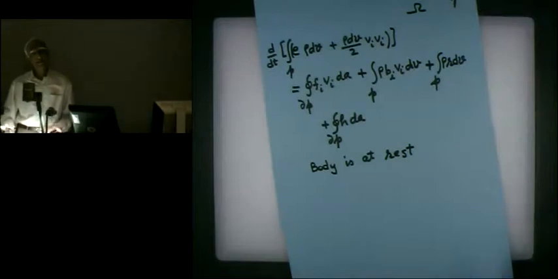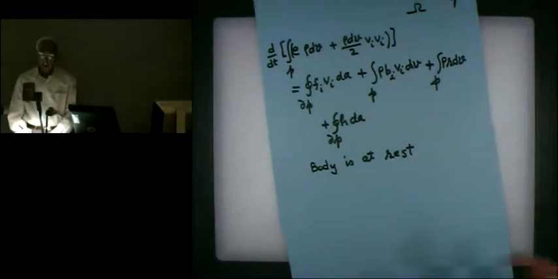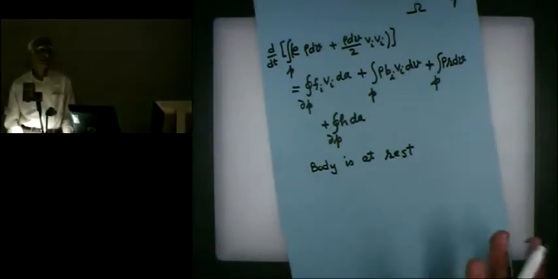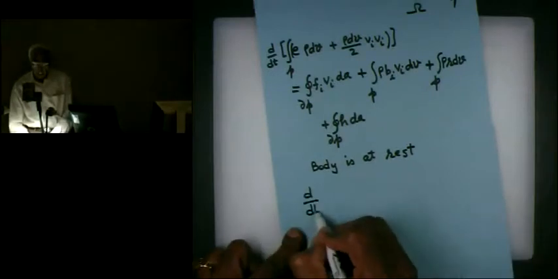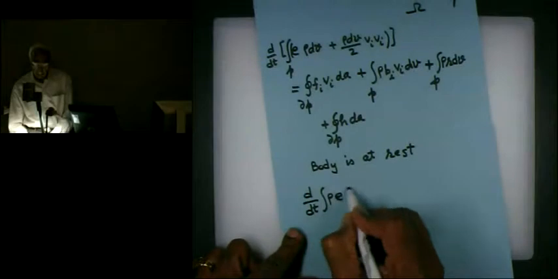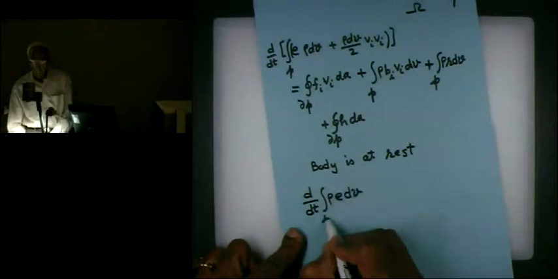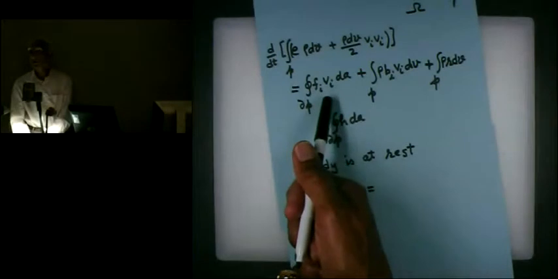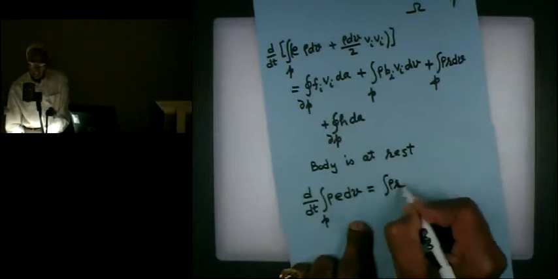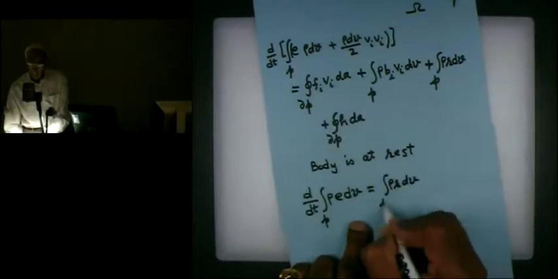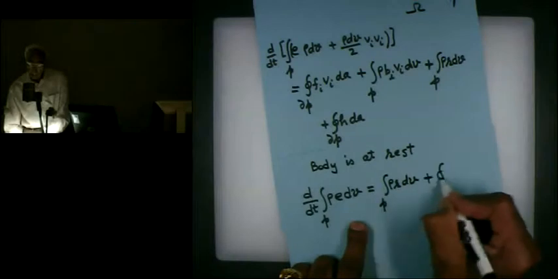The body at rest can be deforming too, but let's assume there is no kinetic energy associated with it. Then we can say d over dt of the integral of rho e dv. Since the body is at rest, there is no working of the forces. So this will equal the integral of rho r dv plus the integral of H dA.